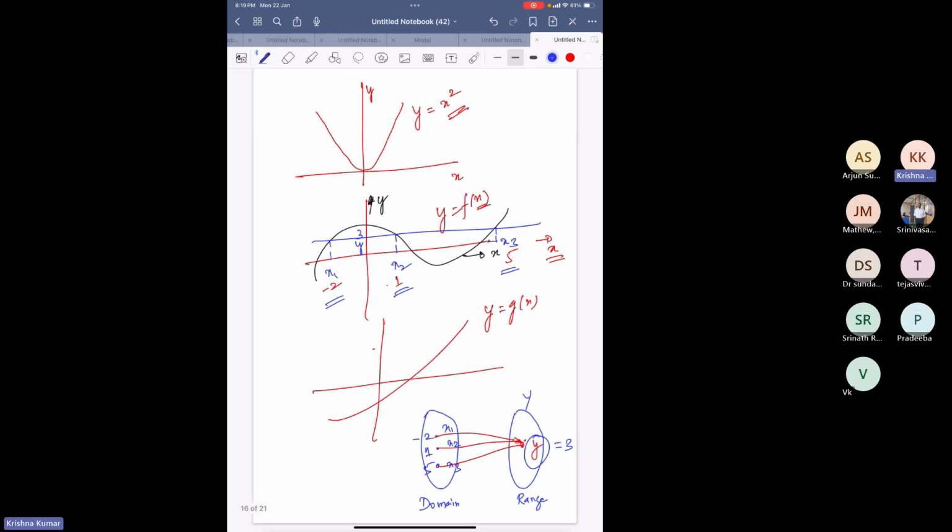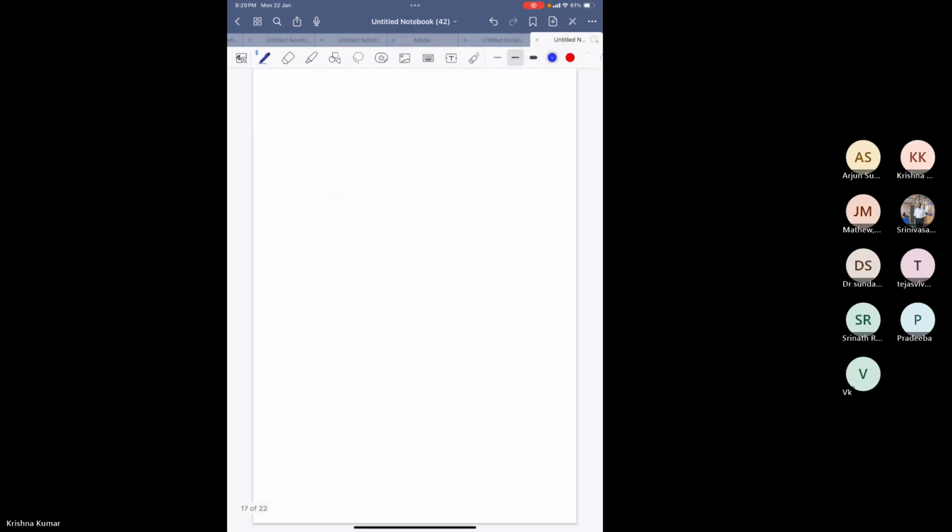But when I want to come back and I have the value 3, let me see what happens. Now I'm coming from y back to x. From the value of 3, I have to go to three values: x1, x2, x3.